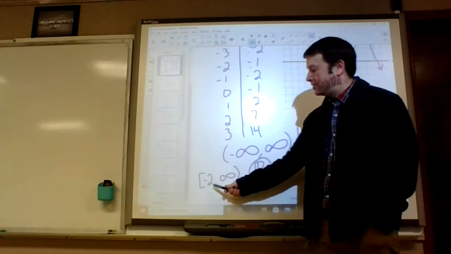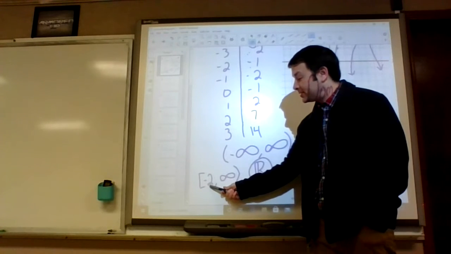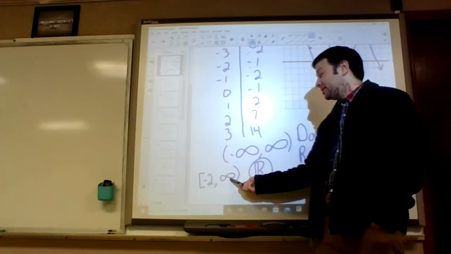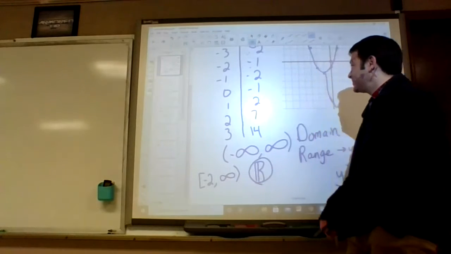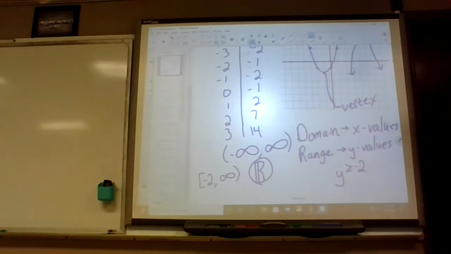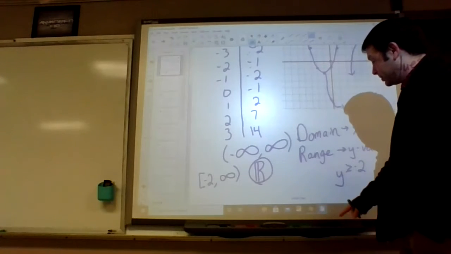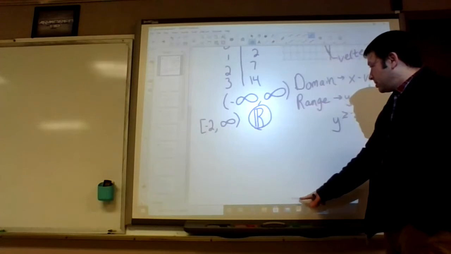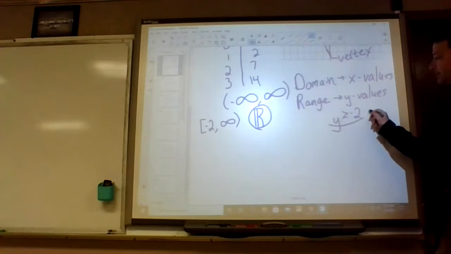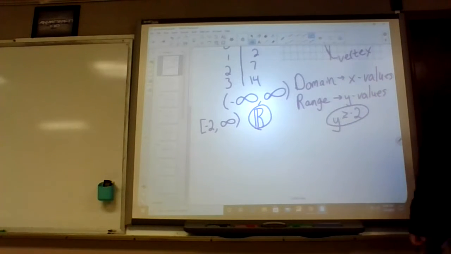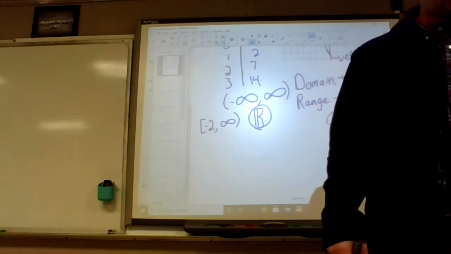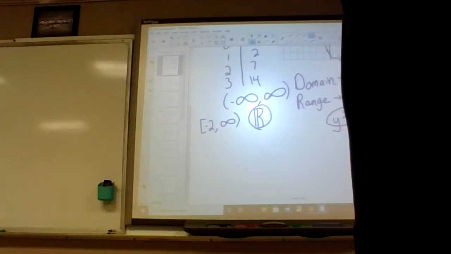You have to use the bracket to show that's included. Infinity is not included, so use a parenthesis, because you can't get to infinity. You can only head in that direction. But we're going to be using this method. We'll just use the y is greater than stuff.